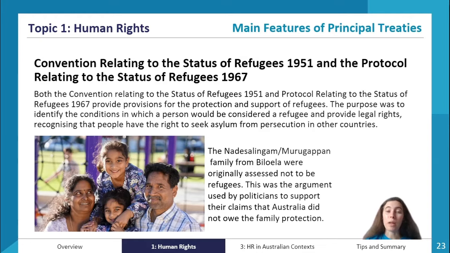So this family is now still living in Biloela in Queensland. But you can see how these different treaties and what they say about the rights of people do play a role in political decisions and certainly in the way that refugees and their situations are handled.